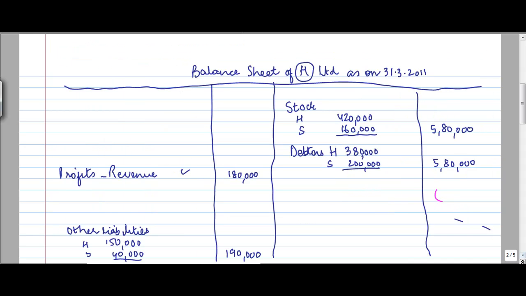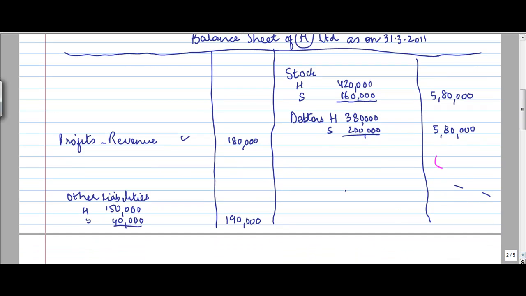So what do I do with the balance 30,000? If I don't take care of that balance 30,000 now, it will dislodge my balance sheet. So minority interest, revenue profit. How much is that? 30,000.